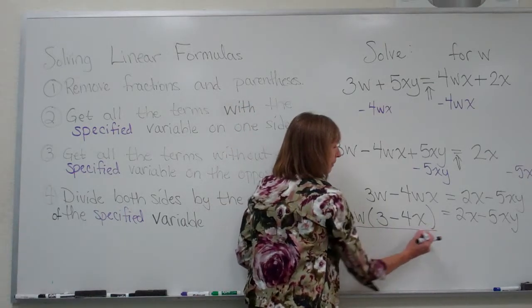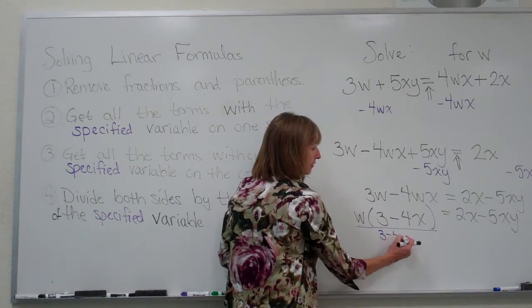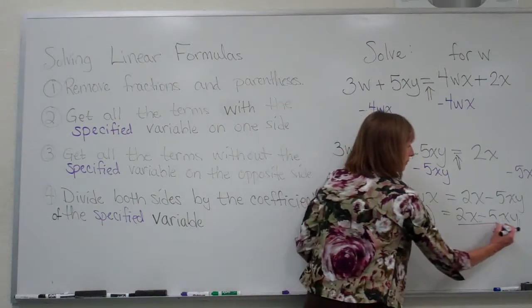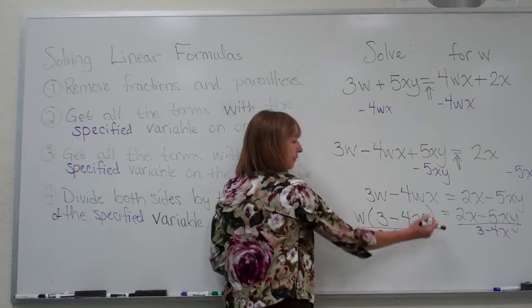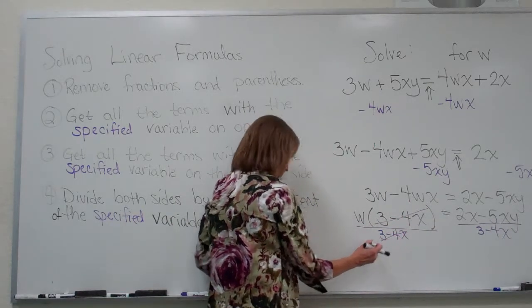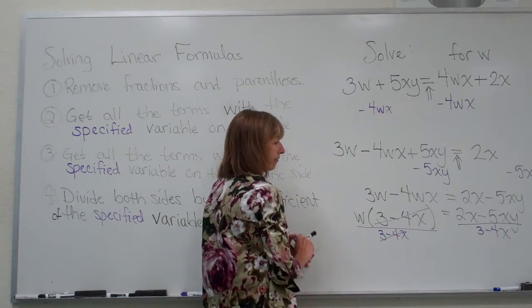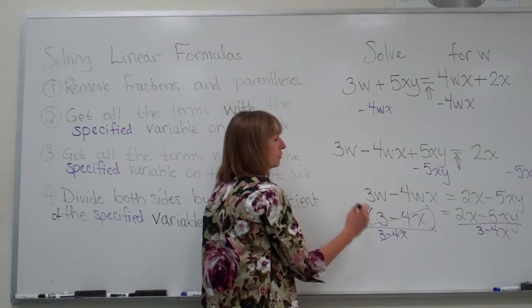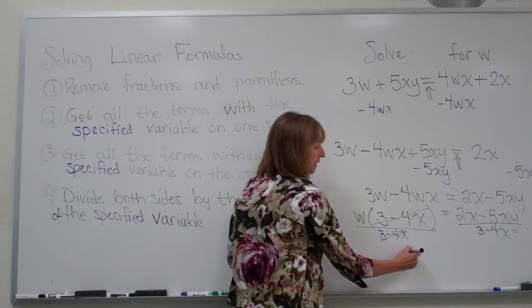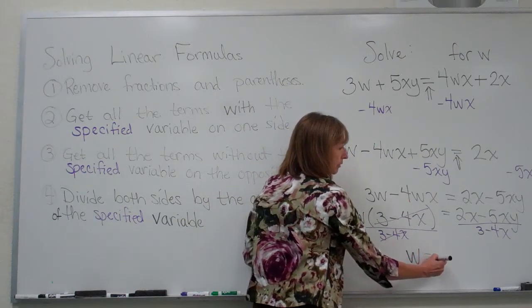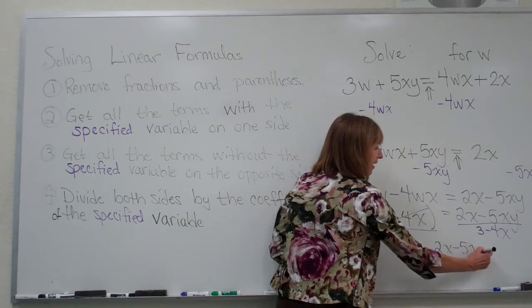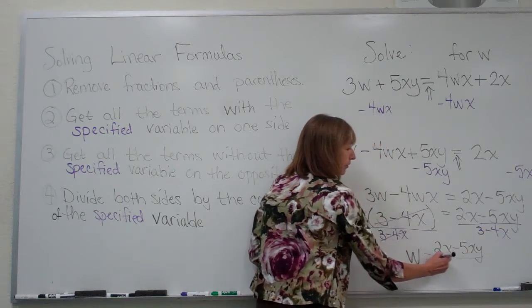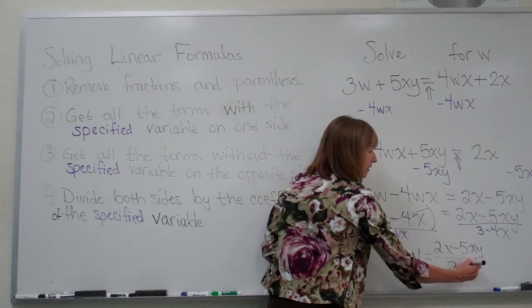So we will divide both sides by 3 minus 4x. The 3 minus 4x common factor can be removed, and our final solution of solving that formula for w is w equals 2x minus 5xy over 3 minus 4x.